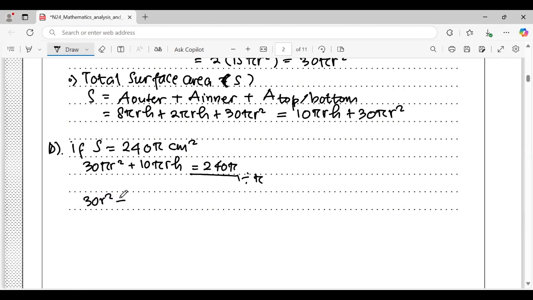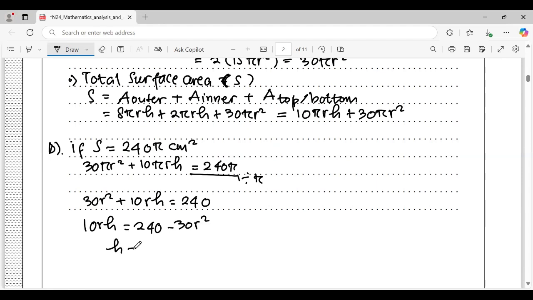r squared plus 10 RH equal 240. And we're going to find H. So it means 10 RH equal 240 minus 30 r squared.